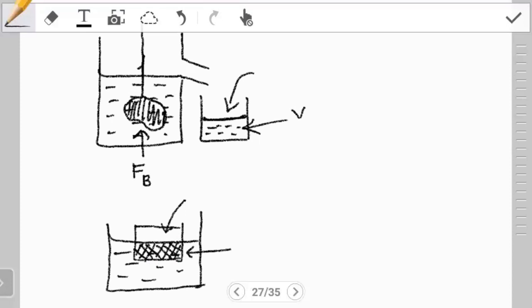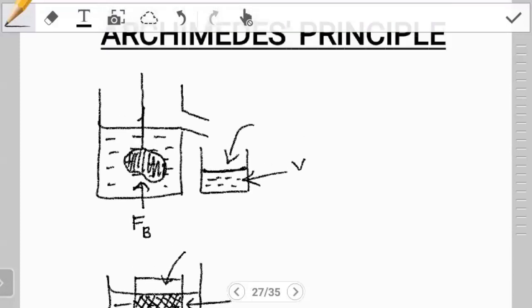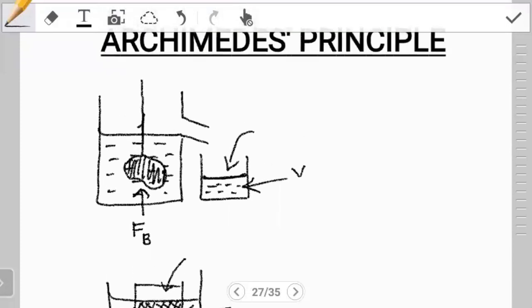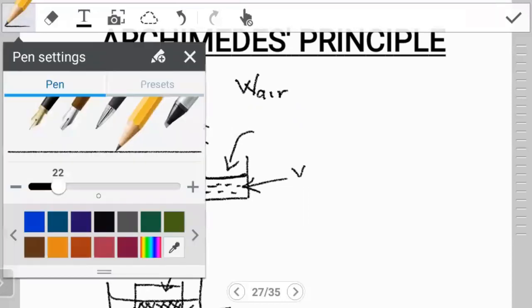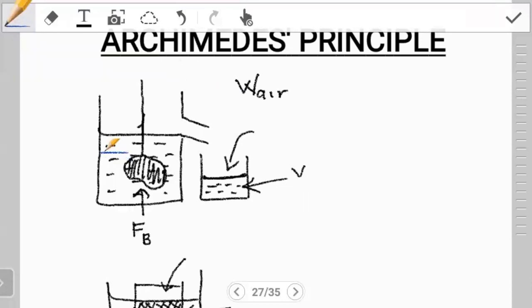Now let's go back to the first case where an object gets immersed fully. Let's look at what forces will act on this object. What you should keep in mind is, firstly, you have the weight of the object in air. This weight or this force will still act on this object.